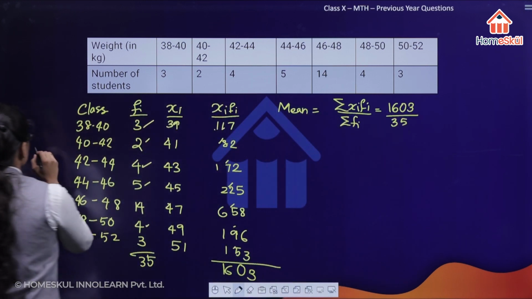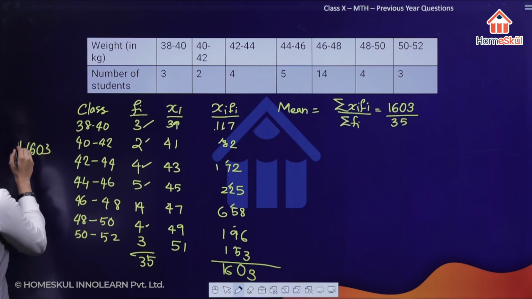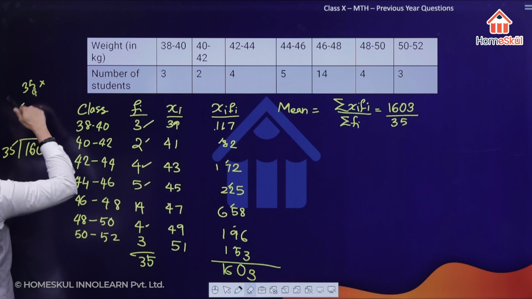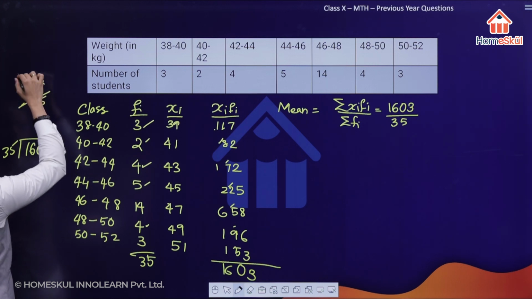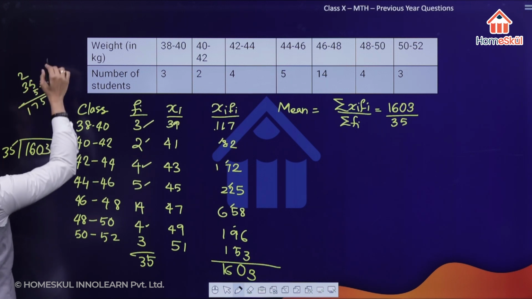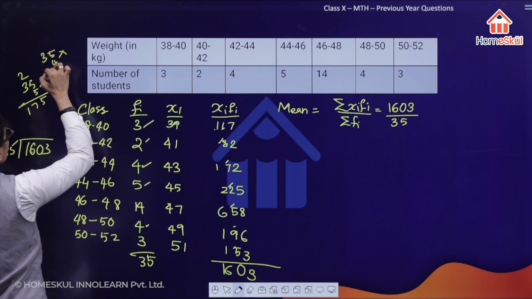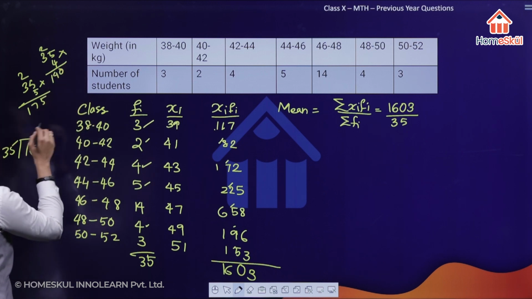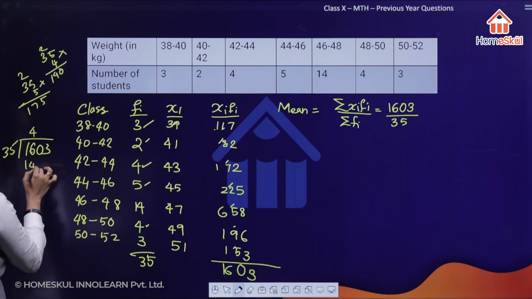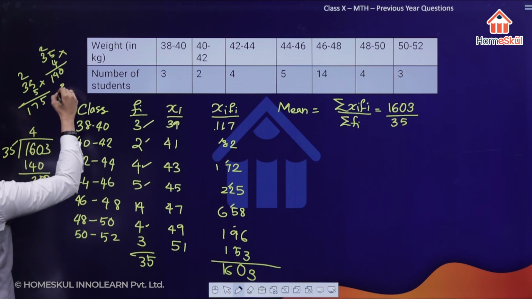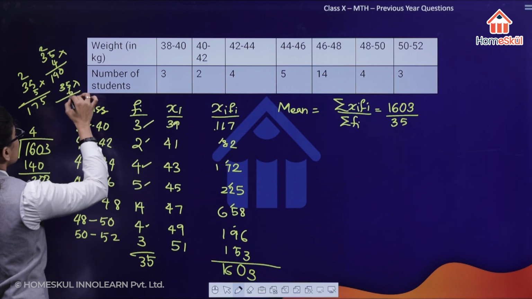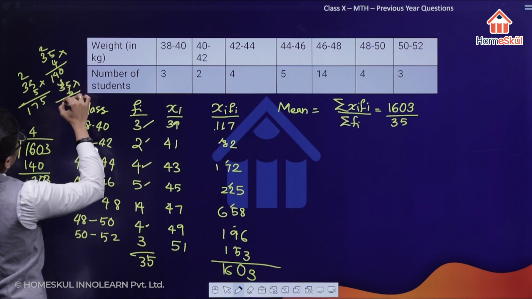Okay, so 1603 divided by 35. 35 into 5 is 175, what about 35 into 4, it is 140, and 35 into 6 is 210, greater than 160, right?